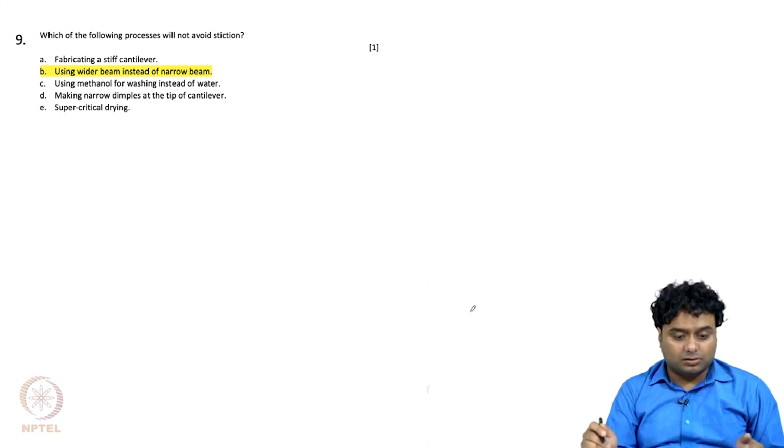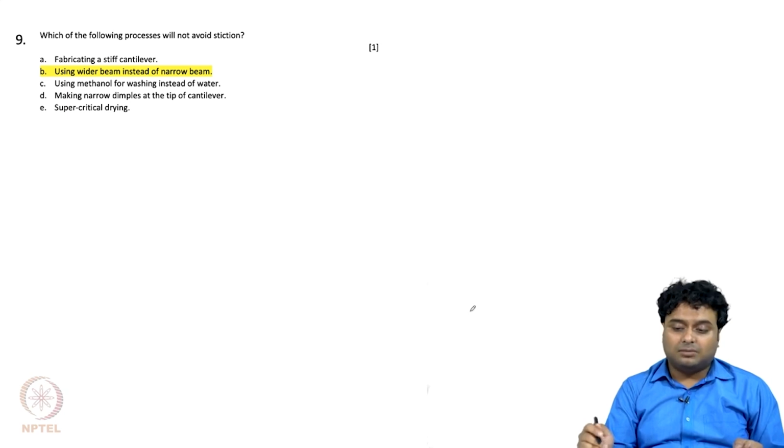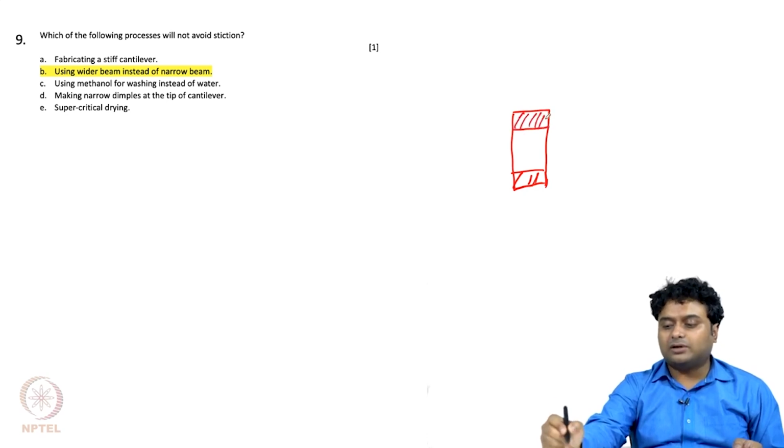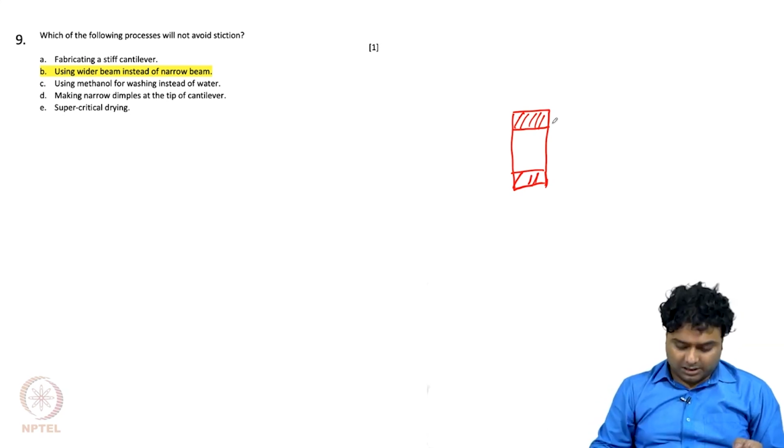Stiff cantilever will also reduce the possibility of friction, but wider beam will not make the stiction lesser, because if a beam is made wider, then, let us say this is the fixed position, whatever droplet is made here, that contact area also increases. So the water droplet formed is also bigger because of the wider beam. So it will not really help in stiction.